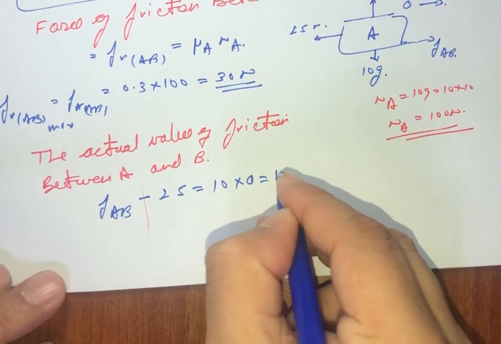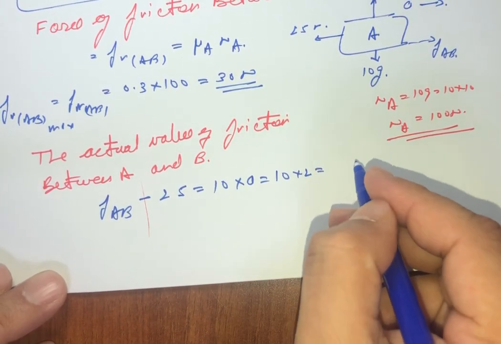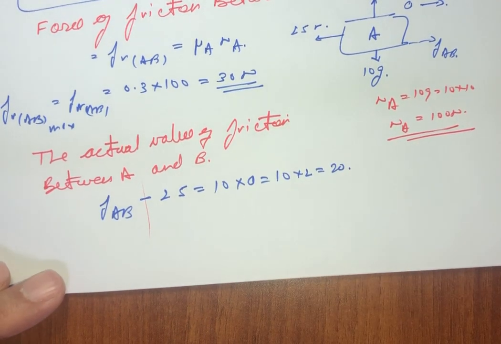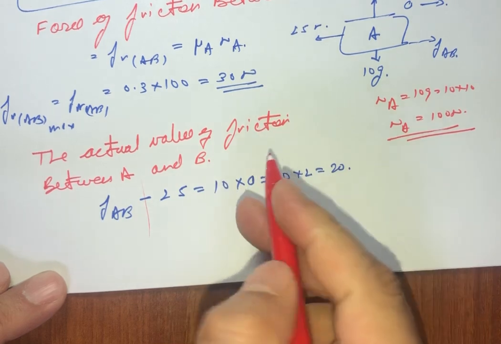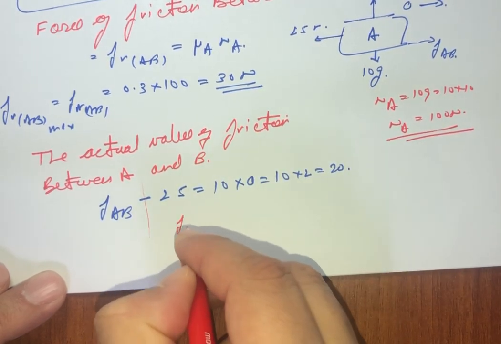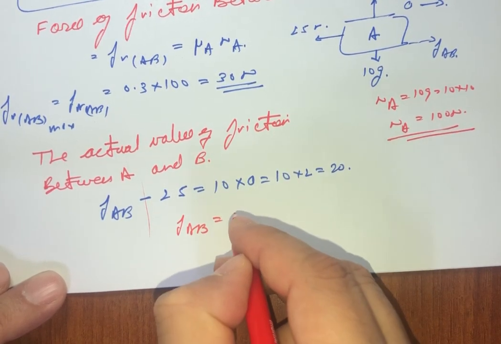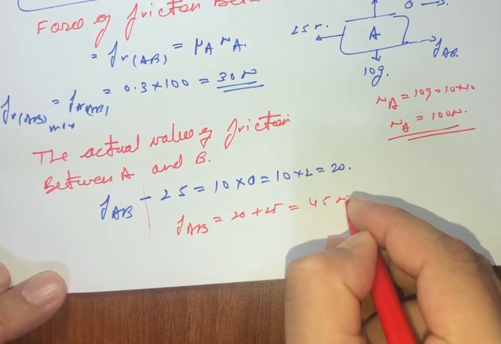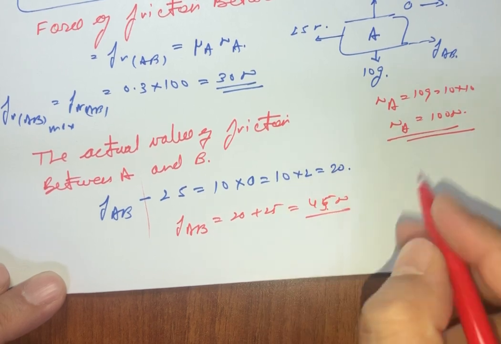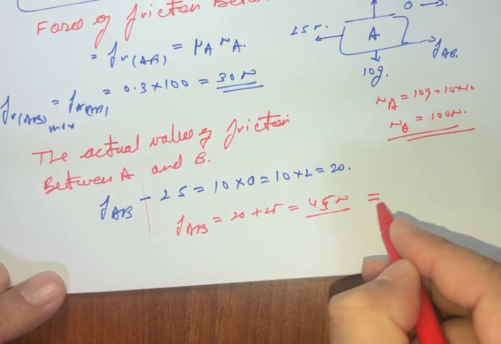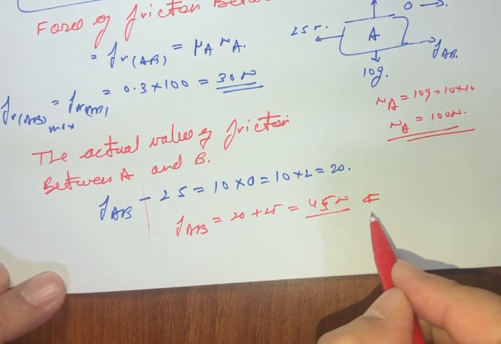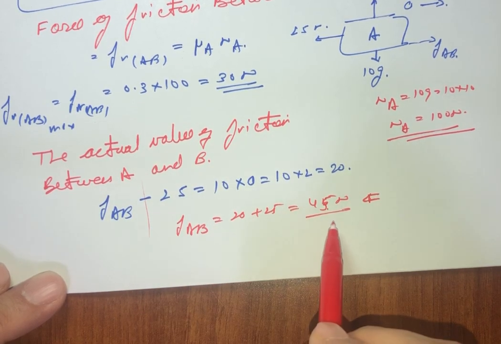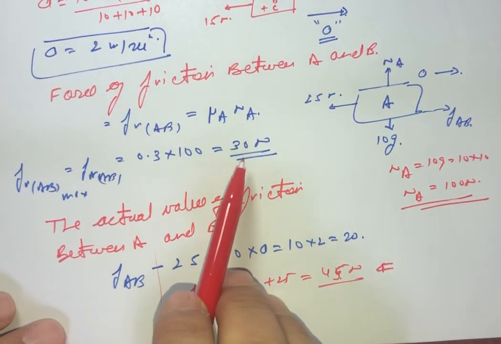So we get 10 into 2, which is equal to 20, and we find out that our FAB is equal to 20 plus 25, which is equal to 45 Newtons. So this is the actual value of the friction, but the maximum available is only 30 Newton.